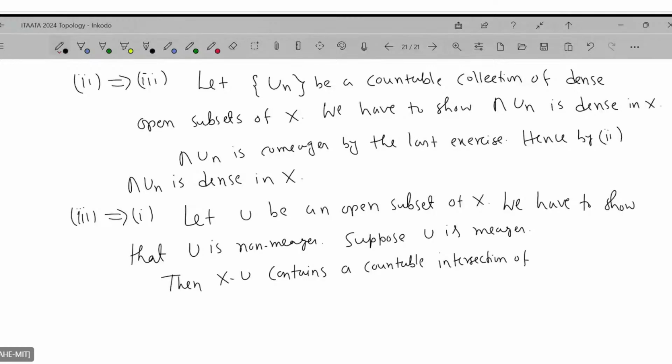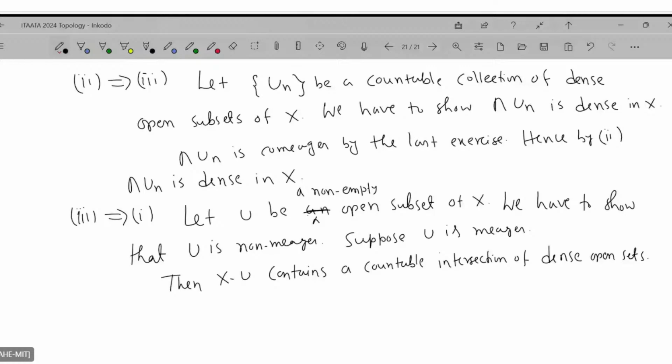Otherwise, obviously it will be meager; the empty set is a meager set. So X minus U contains a countable intersection of dense open sets, and by 3, that means what? A countable intersection of dense open sets is dense.